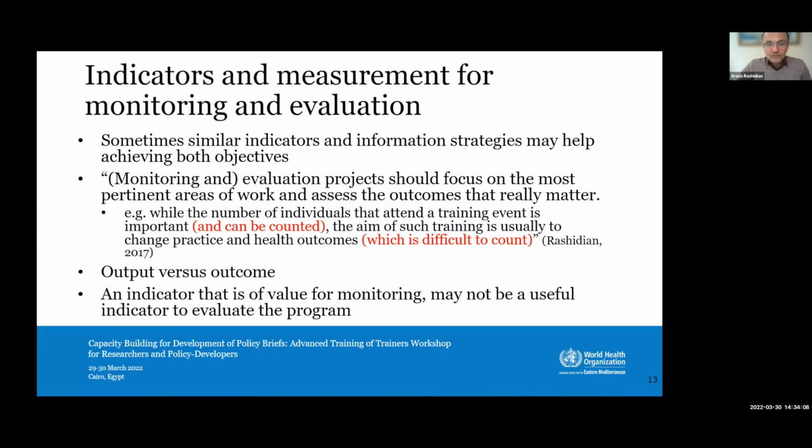First of all, what we saw here is that sometimes similar indicators can be used to answer both monitoring and evaluation. That's a good situation, identifying indicators whose measurement can help both elements. But then they may not be the best ones.